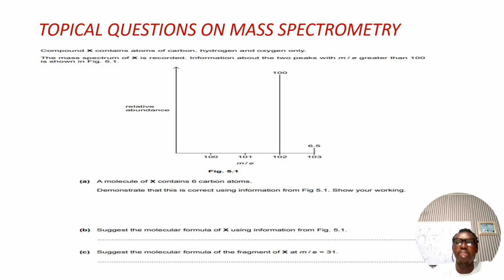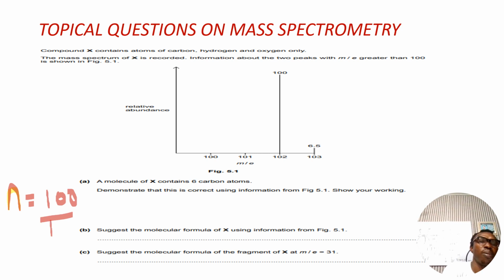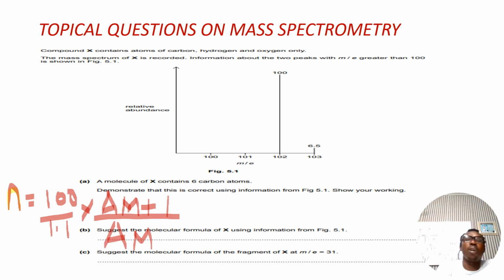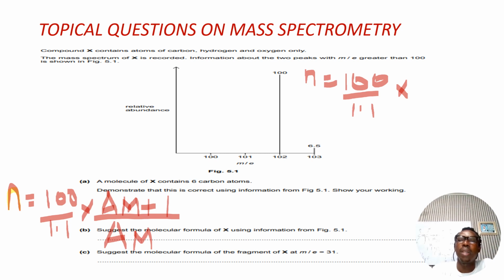Show your workings. To calculate it, the number of carbon atoms N is equal to 100 divided by 1.1, times the abundance of the molecular ion plus 1 peak, divided by the abundance of the molecular ion peak.